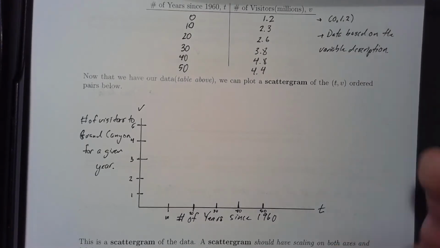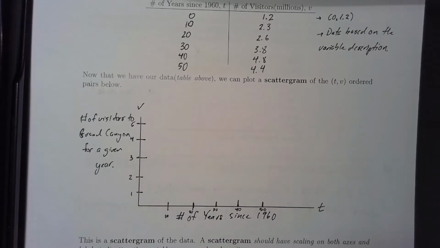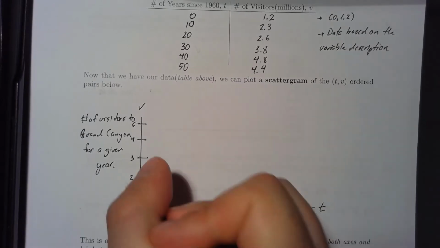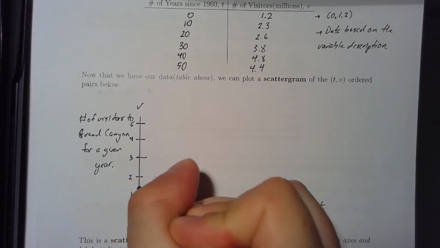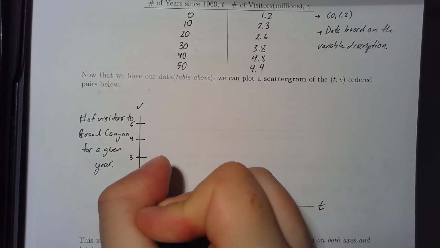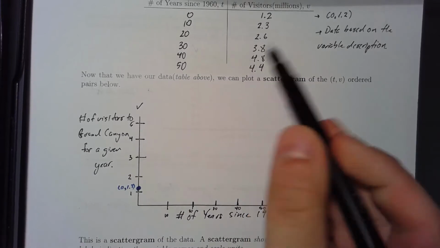So (0, 1.2). That's roughly going to be right here. (10, 2.3).